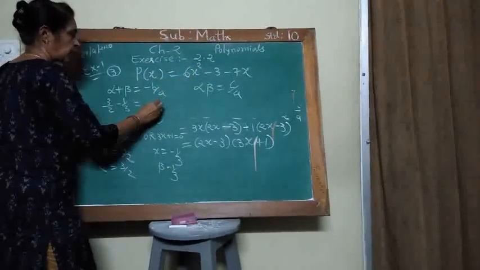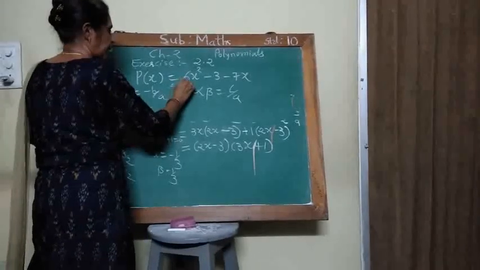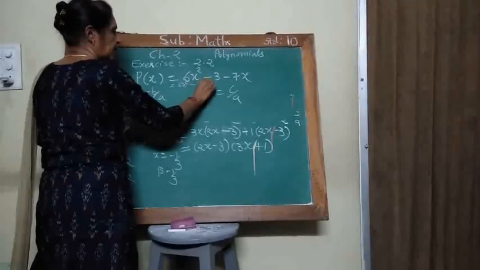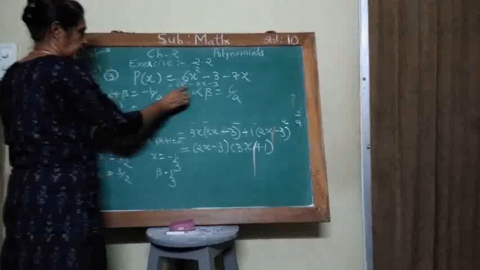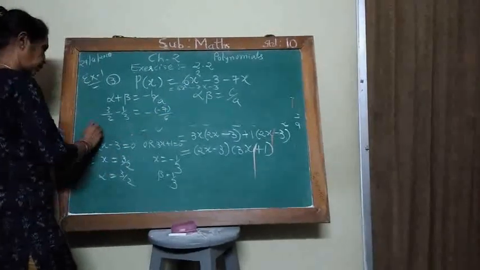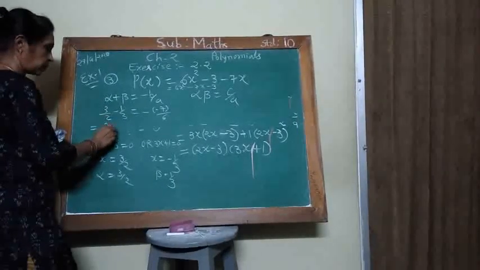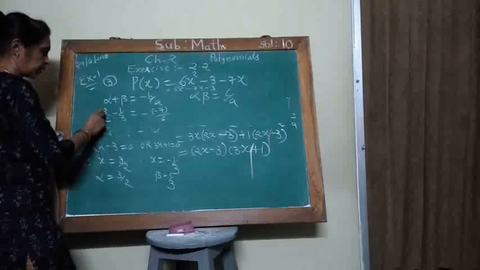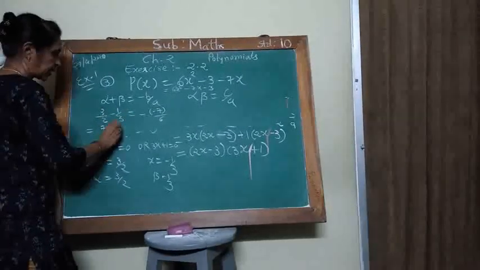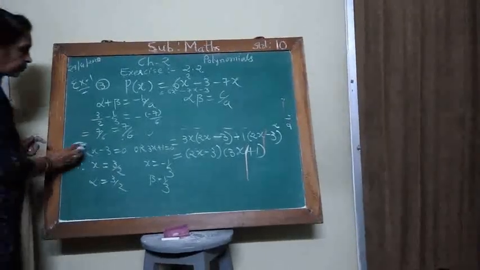What is the value of B? I have changed it in the proper way: 6x square minus 7x minus 3. So B is minus 7. 9 minus 2 is 7 upon 6, and minus minus is plus 7 upon 6. So both sides become equal.